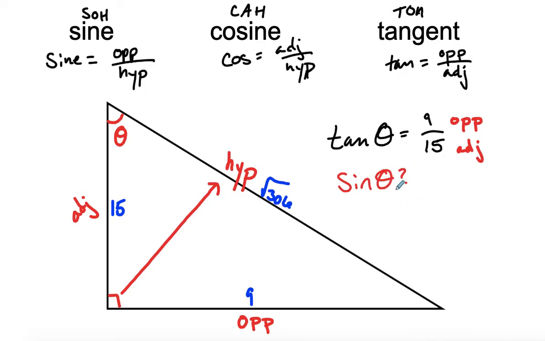So they want to know sine theta. From our angle, let's use sine, opposite over hypotenuse, and create a fraction. Our opposite side is still 9, but our hypotenuse is the square root of 306. So the answer to the problem would look like that.